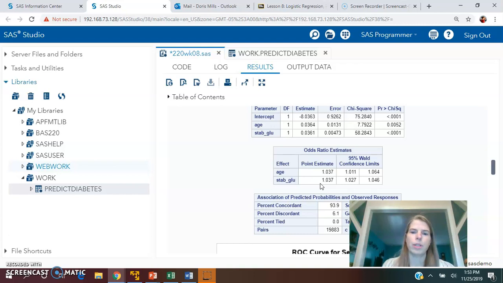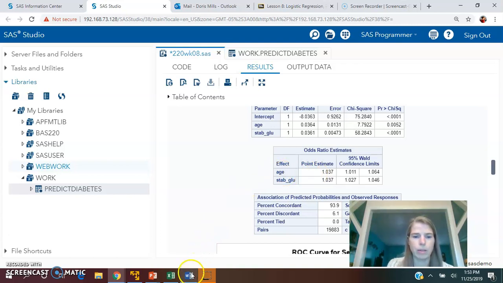When my odds ratio point estimate is greater than 1, then as the variable increases, my likelihood of the response will increase as well. If this estimate was less than 1, then my probability would decrease as the variable increases.